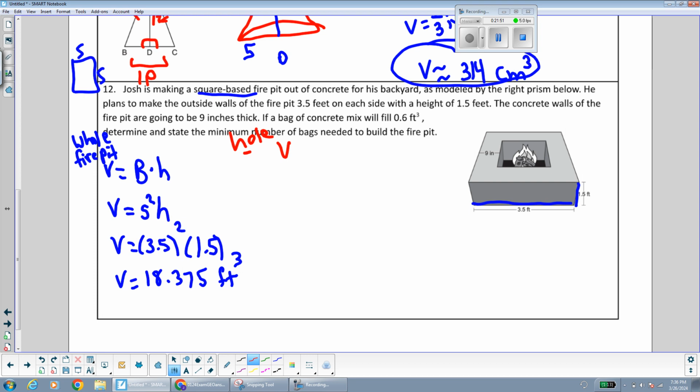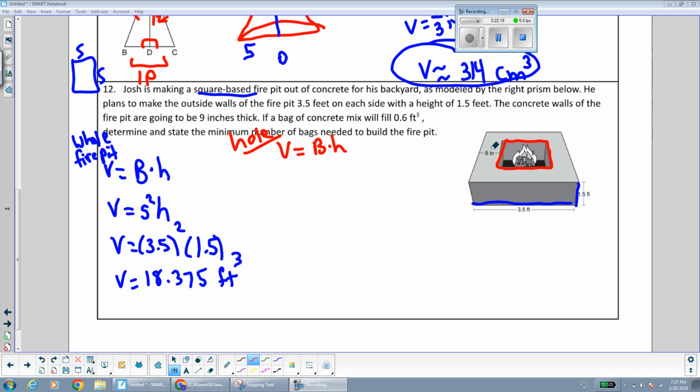Now, let's find the volume of the hole, the inside part that has the fire, that's empty, not being made up of concrete. It's just empty except for the fire. So once again, volume of anything is area of the base times the height. And this is a square as well because the fire pit is a square-based fire pit.